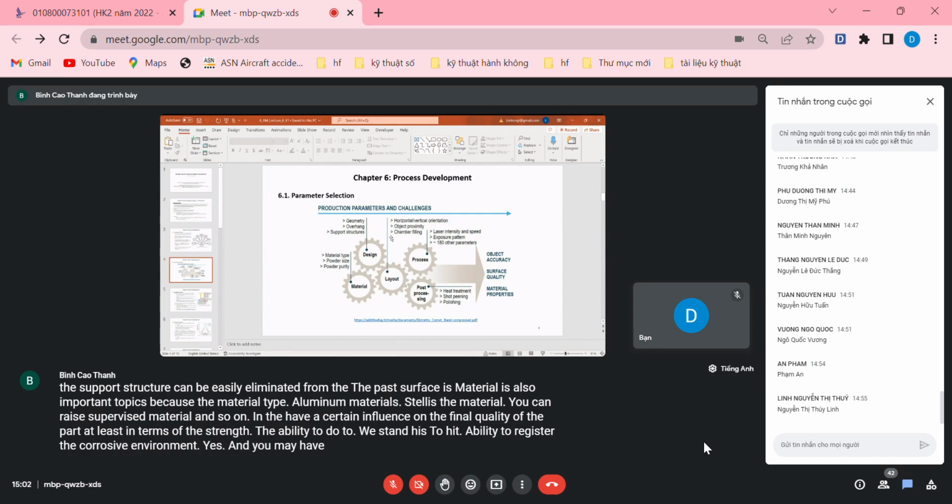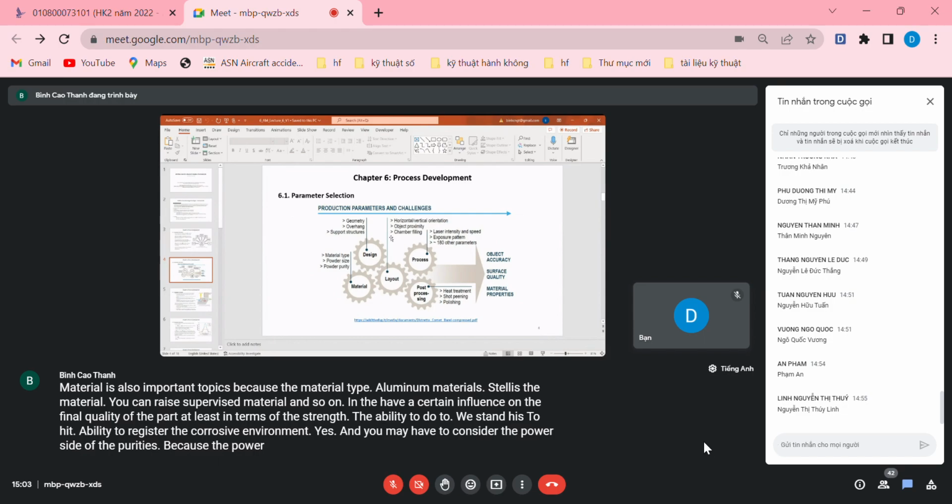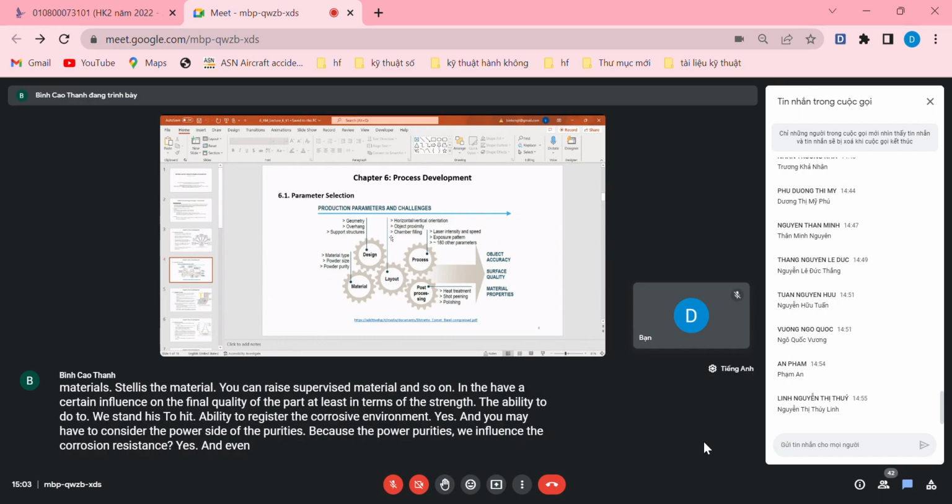And you may have to consider the powder size and powder purities, because the powder purities will influence the corrosion resistance, and even the strength of the materials.